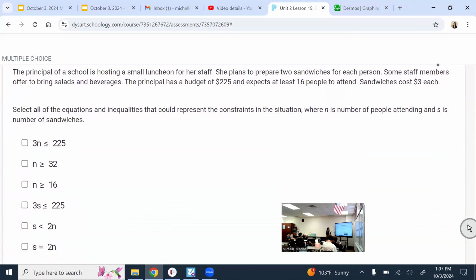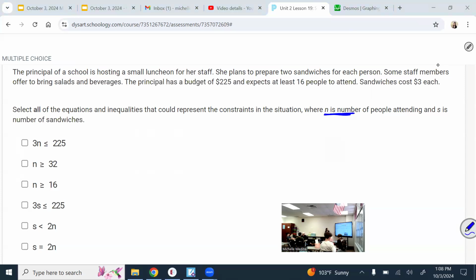We want to select all of the equations and inequalities that can represent the constraints. Remember, constraints are limiting factors. Since we have to select all that apply, we are going to check each answer. So this one has 3n less than or equal to 225. What did they say n represents? Number of people.